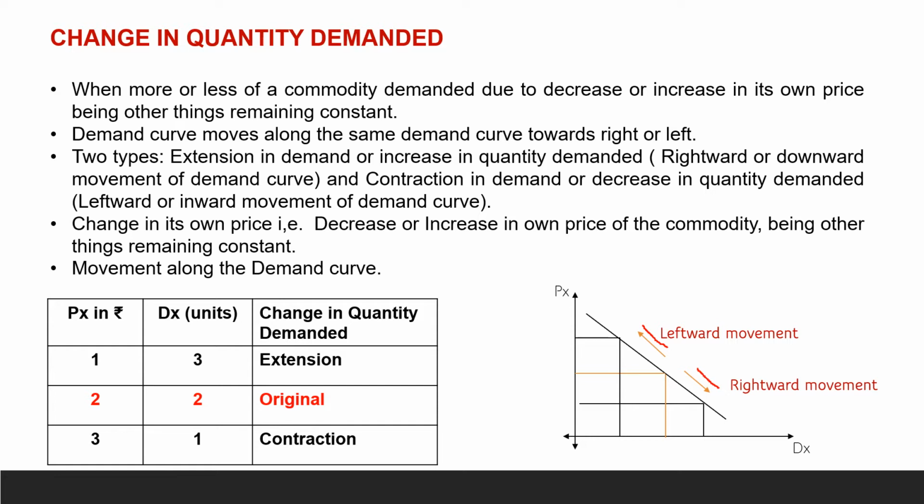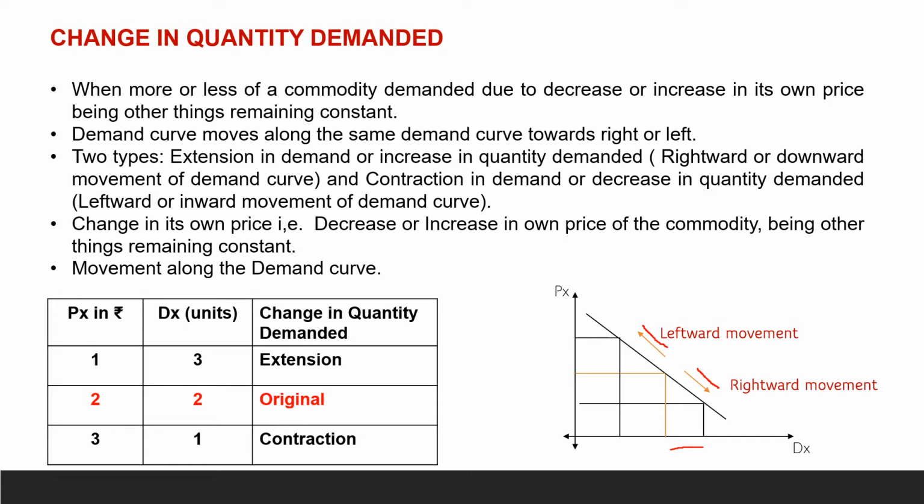This is the table which explains the extension and contraction, or rightward movement or leftward movement, of the demand curve. Price of a commodity is given as 1, 2, 3. The quantity demanded of the commodity is 3, 2, and 1. Now when price decreases, quantity demanded rises. And from here, if the price decreases, quantity demanded increases, and the curve moves from this point to this point.